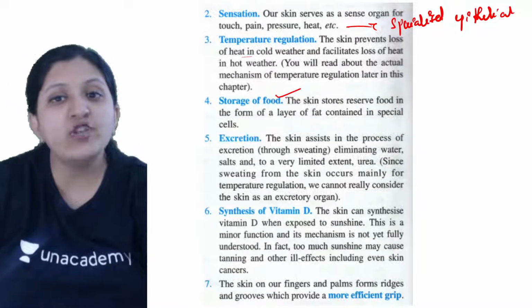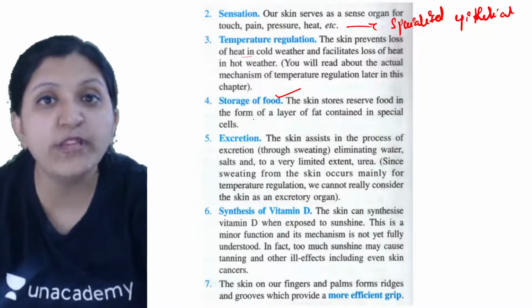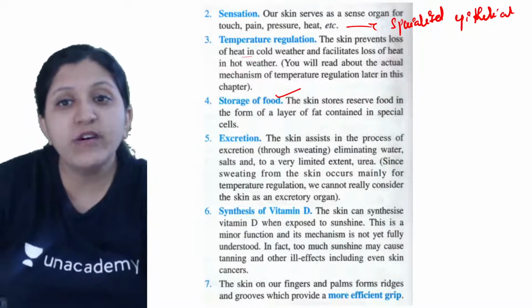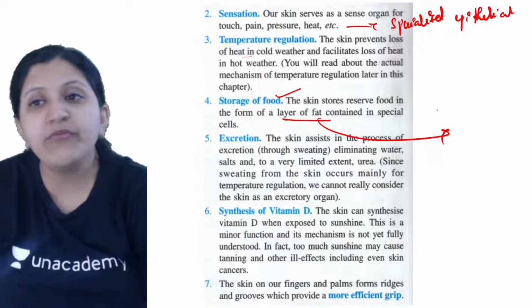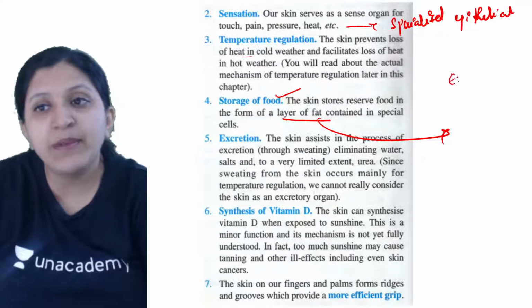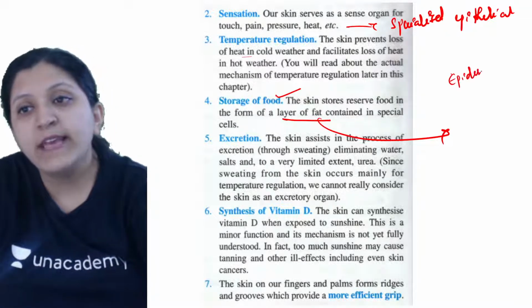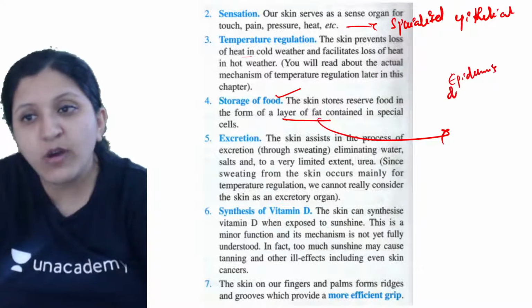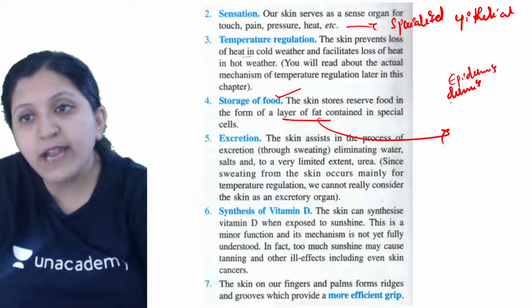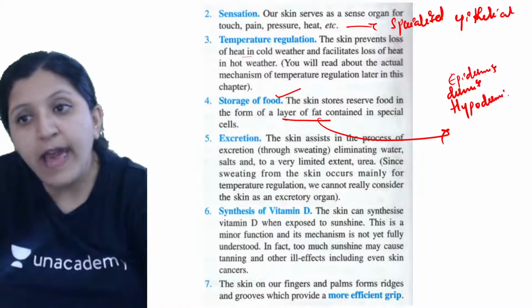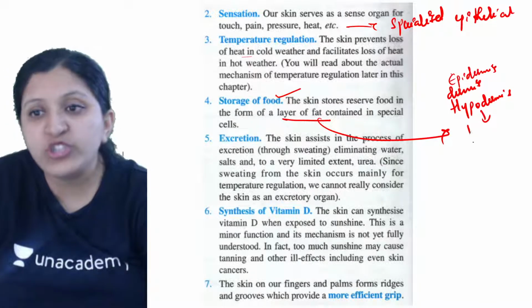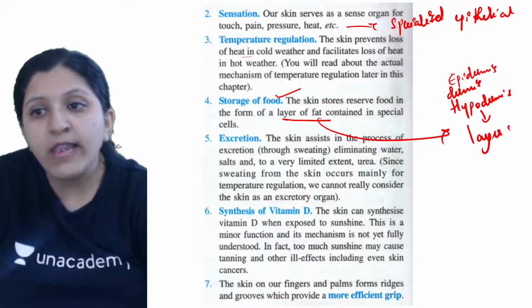Next is storage of food. So the skin is also going to store food, reserved in the form of a layer of fat. When we mention skin, there is the epidermis, then the dermis, and after that the hypodermis. The hypodermis is the one which has a layer of fat.